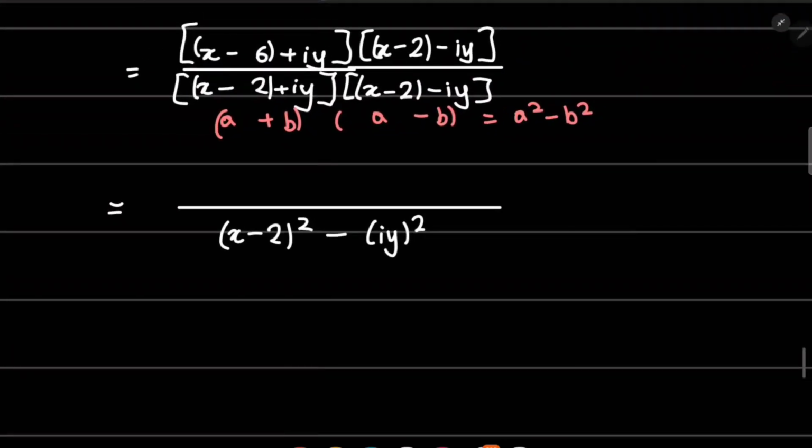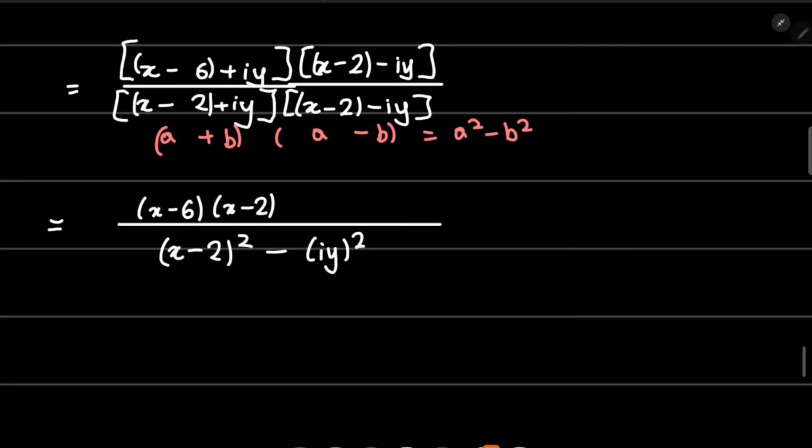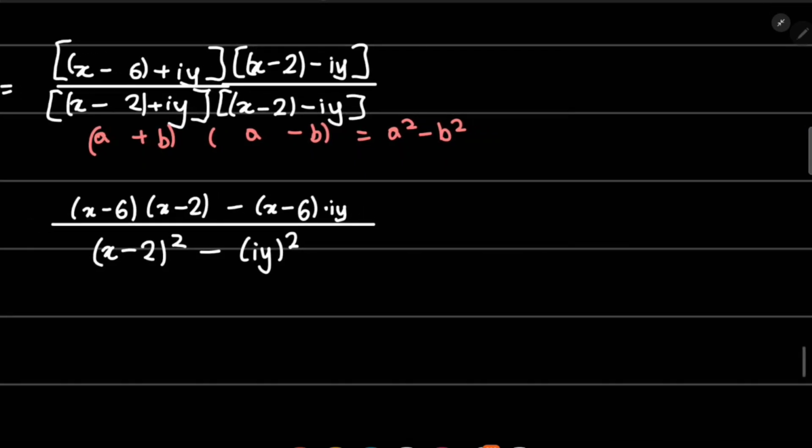This is equal to a square minus b square. On the top we'll have (x minus 6) multiplied by (x minus 2) plus (x minus 6) times minus iy. So this is y, so we'll change the sign in the front.